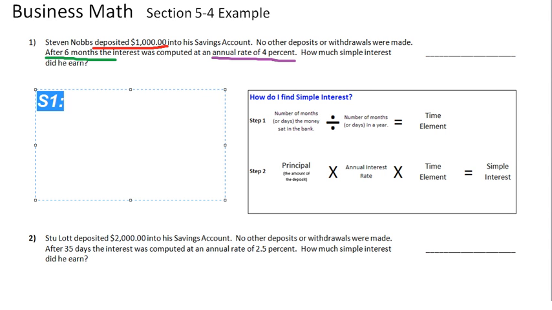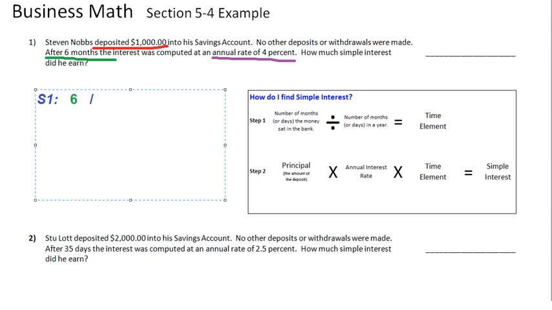Step 1. What was the number of months or days the money sat in the bank? For this example, the money sat in the bank 6 months. And we're going to divide it by the number of months that are in a year.